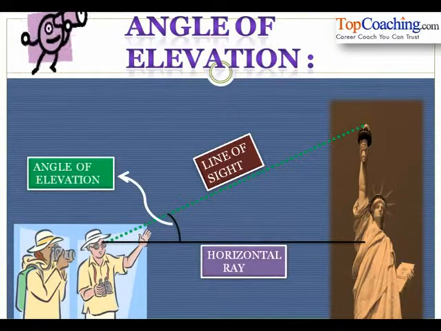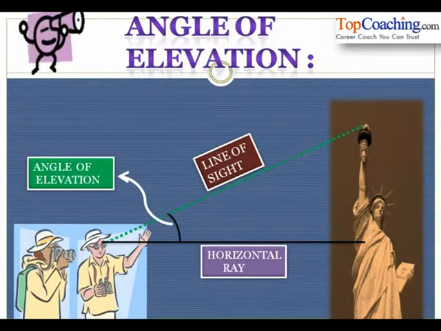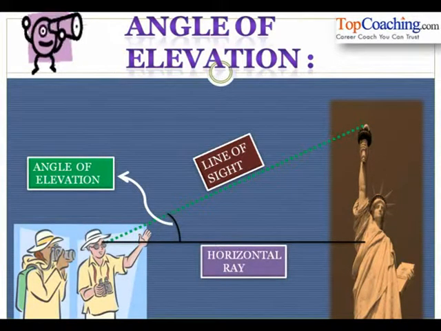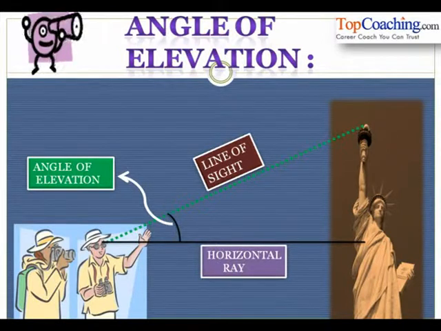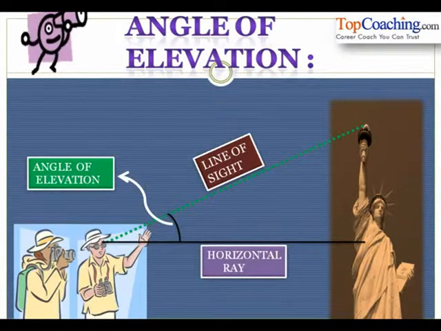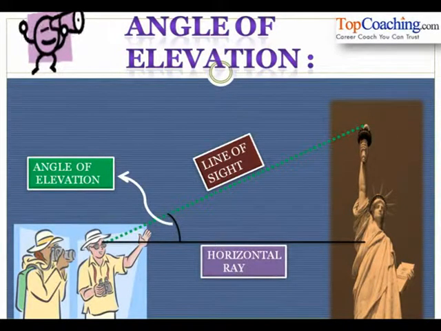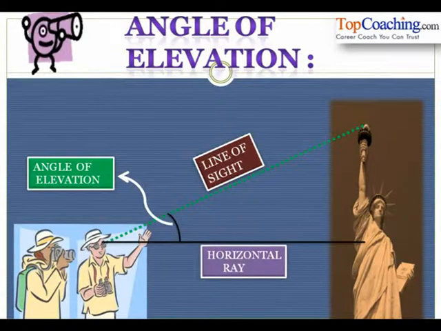But why is angle of elevation used? Angle of elevation helps us to exactly find out the length or the height of any object. Again, we see that there are two lines or two rays and there is an angle between them. All these three help us to find out the height of any object. Again, angles and lines are used to find out the height.